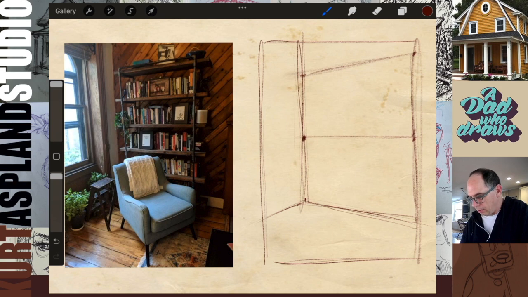Subdivide those and do the bottom as well. Now this is just to give us some guidance when we're drawing. Let's subdivide this as well. Keep it light. And we're going to subdivide this one. Same thing here, and same thing here.